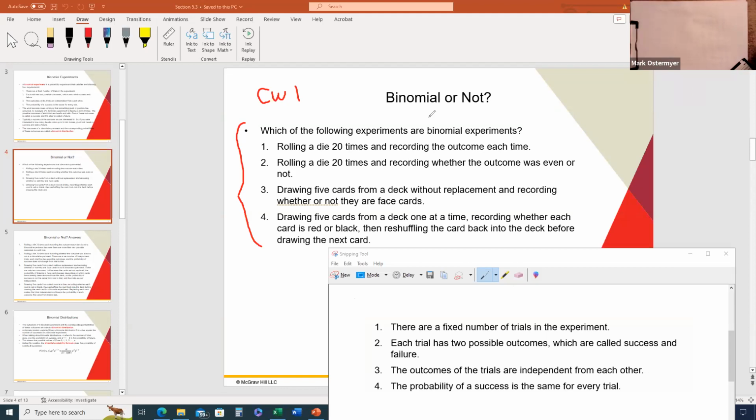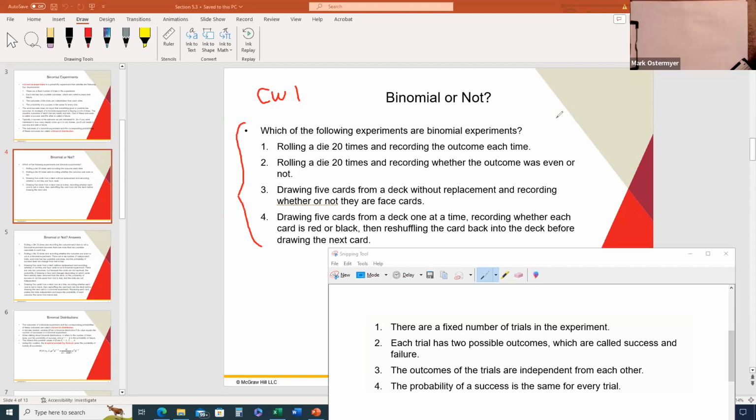All right, ladies and gentlemen, let's take a look at these now. Remember, to be a binomial experiment, all four of these criteria need to be satisfied. So how about number one, rolling a die 20 times and recording the outcome each time? Is that considered to be a binomial experiment or not?